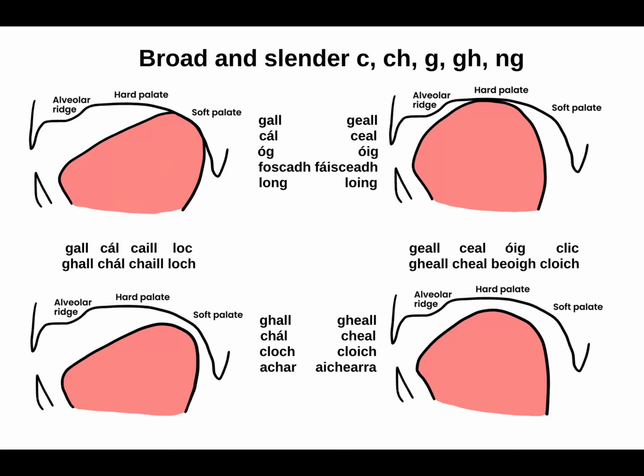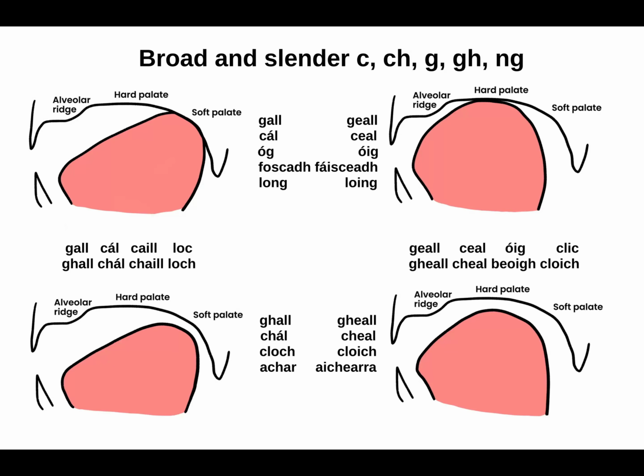So these diagrams, which might look a bit intimidating, are of the mouth. The person in these diagrams is facing to the left, and on the left you can see the top teeth and the bottom teeth, and then going backwards on the roof of the mouth we have the alveolar ridge, which is a hard ridge behind the top teeth, the hard palate, which is the hard flat bit in the roof of your mouth, and then going further back it softens into the soft palate.